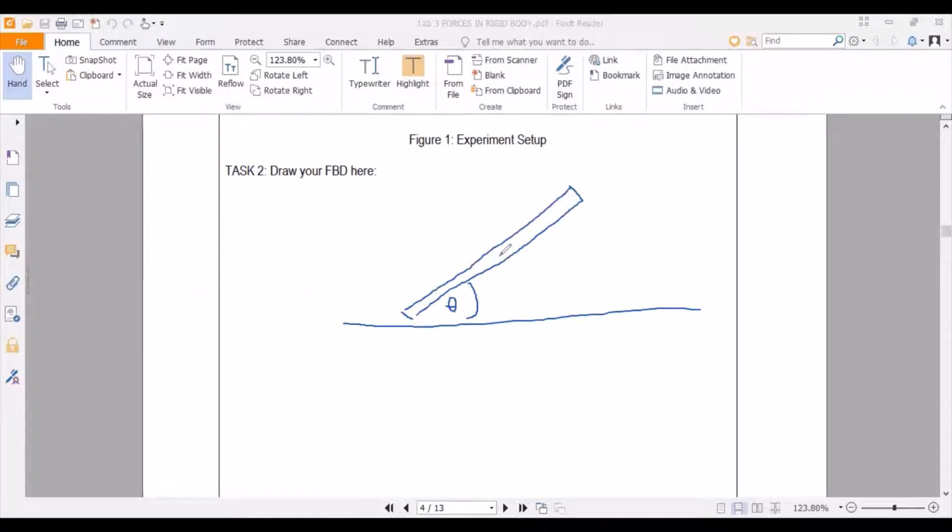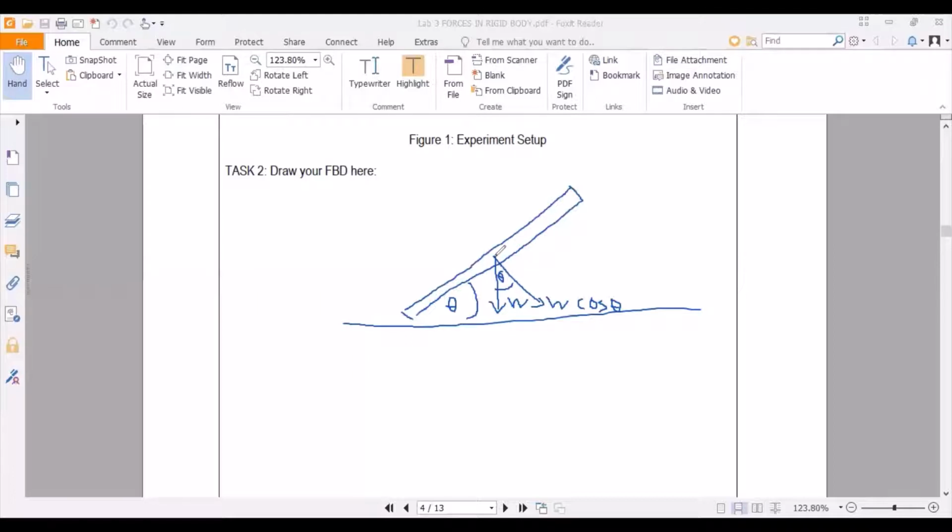The first one, recognize the weight. The component perpendicular to the beam we call W cos theta, because theta is reflected into this coordinate.